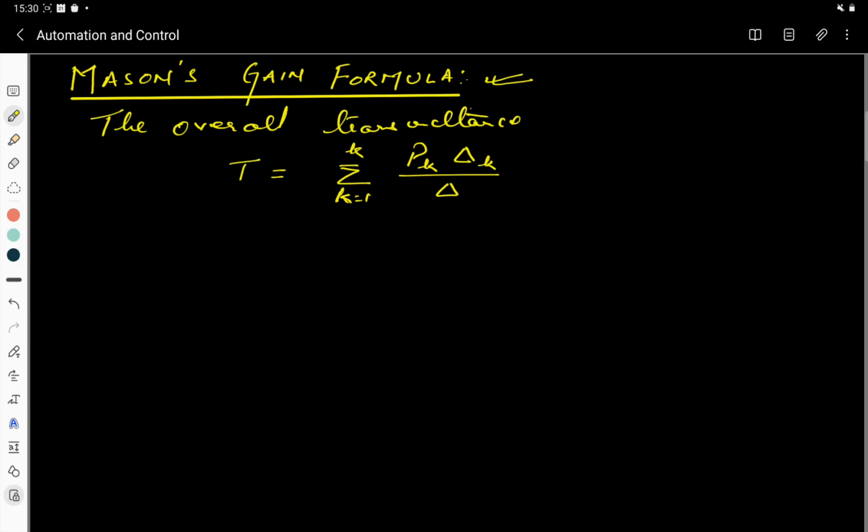Okay, the terms in Mason's gain formula can be explained as follows. What is Pk?